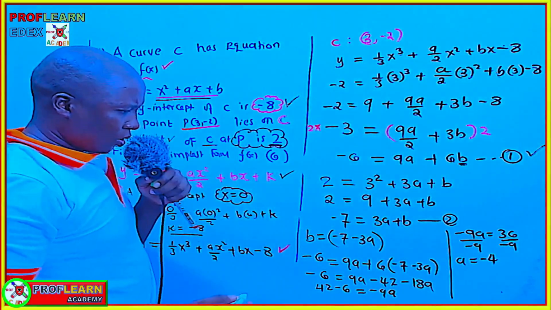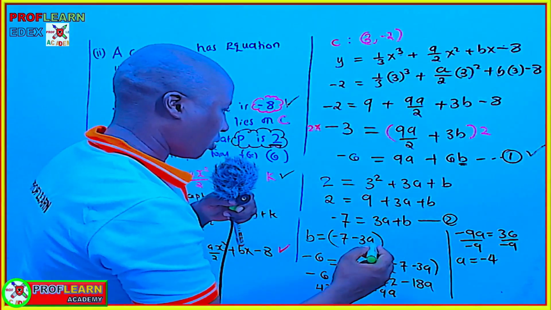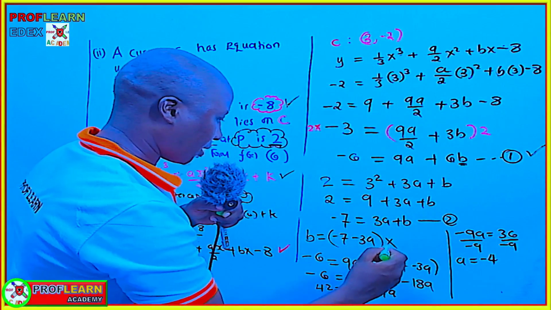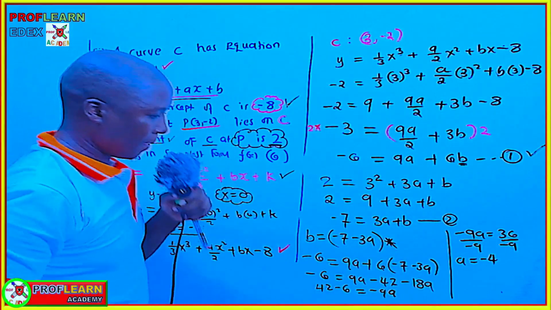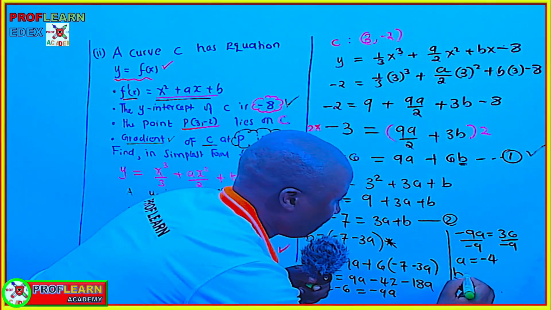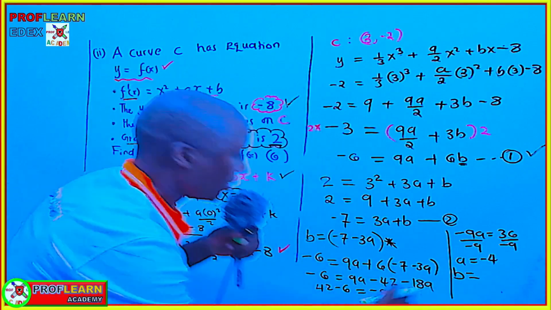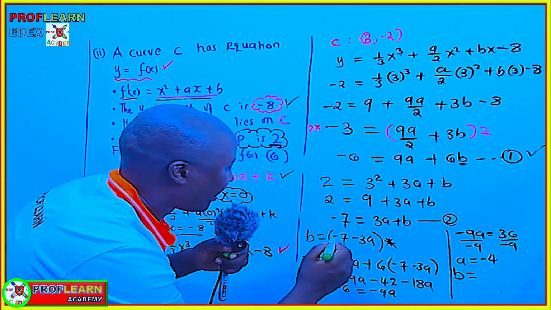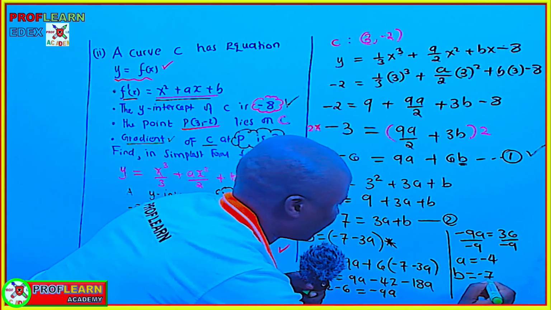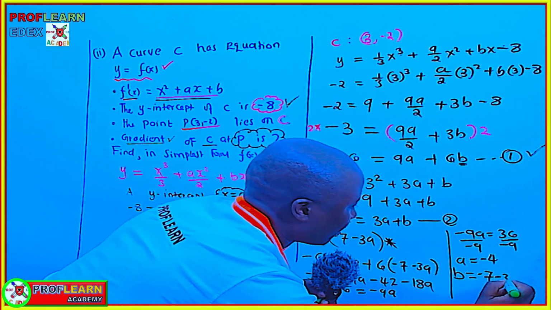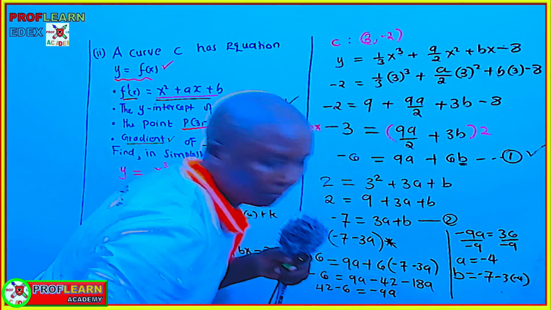Now, in order to find b, we are going to use this part that we have here. So b is going to be equivalent to negative 7 minus 3 into negative 4.